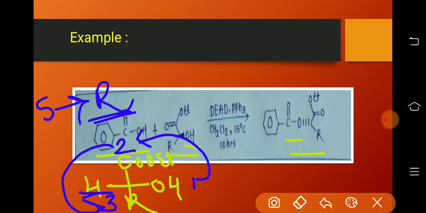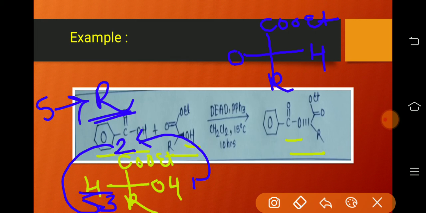Now, let's check the configuration of the product. The nucleophile containing the oxy group is below the plane, therefore it is on the left hand side. Hydrogen is above the plane, therefore it is on the right hand side. The carboxylate group is in plane, therefore it is on the vertical line, and the alkyl group is also on the vertical line.